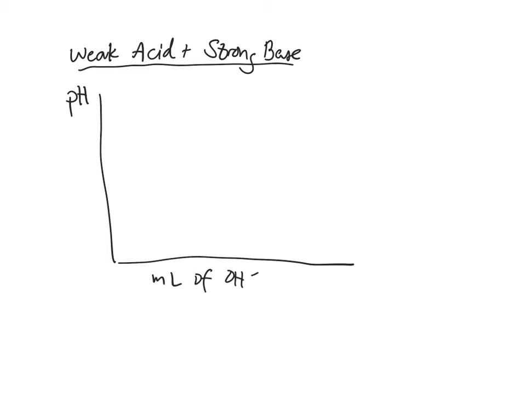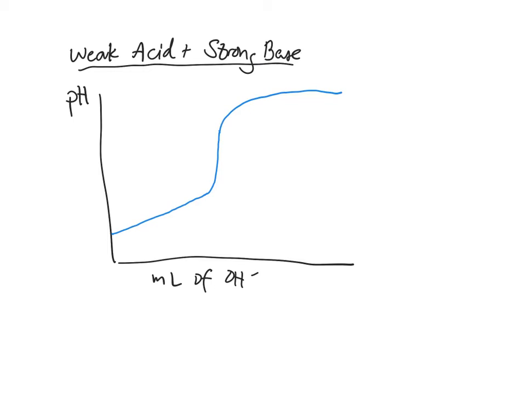The pH will again start low, not maybe as low as it was before. There are some interesting changes. One, the pH kind of comes up a little bit more instead of staying flatter, which we'll talk about a little bit more. It still does go through that steep rise and then levels out again, much like the other graph did. So let's talk a little bit about some of the differences here.